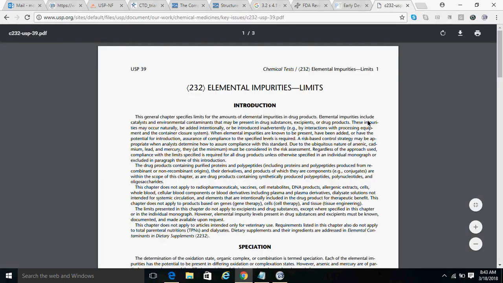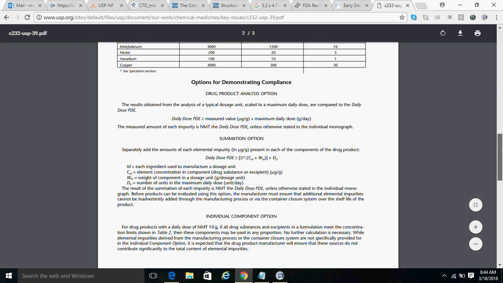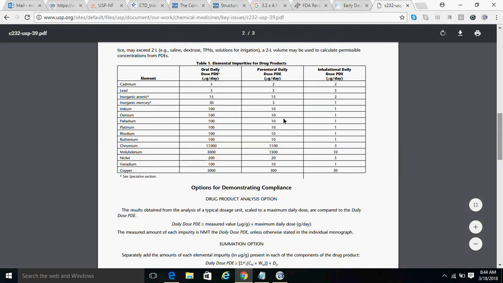It will tell you what the limit is and what the impurities are. So these are the elements. If your drug has all these elements, it should not be more than 5 grams per day. It will tell you, it's a chart, so don't worry. All this information is provided to you.